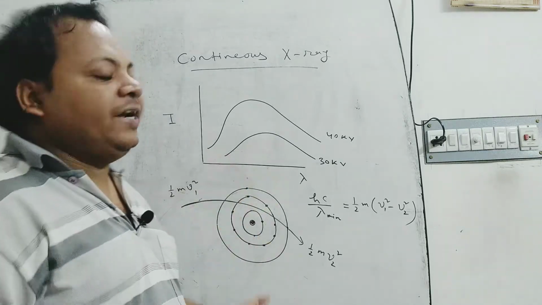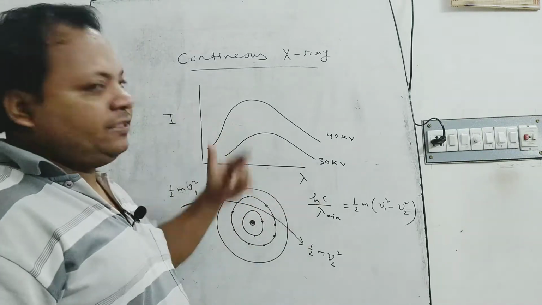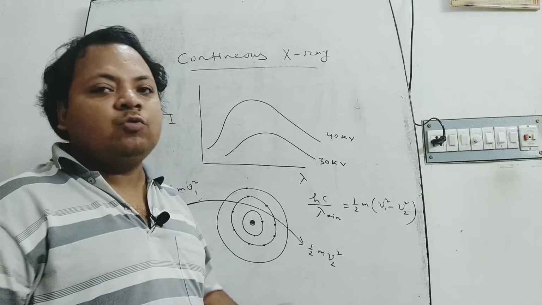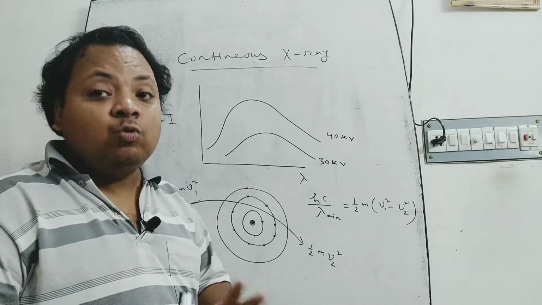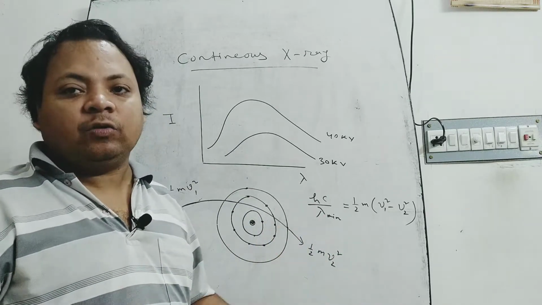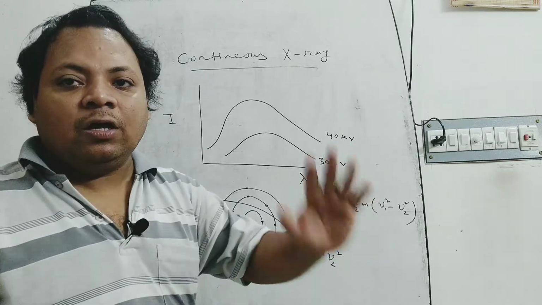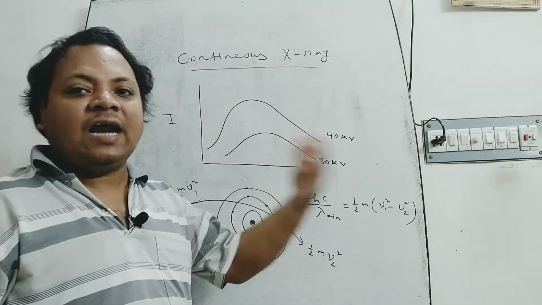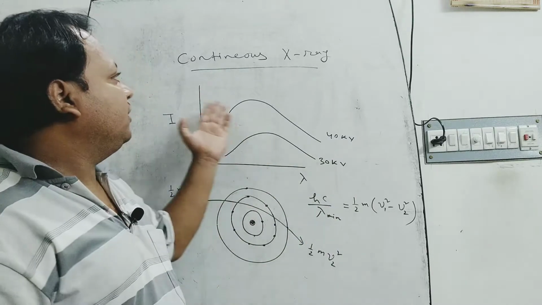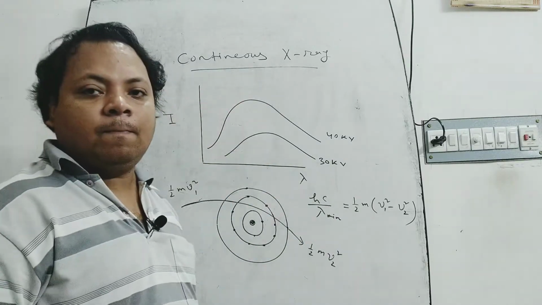Therefore, we get continuous X-ray. Actually, the collision of a huge amount of electrons coming from the cathode with the target metal produces continuous X-ray.